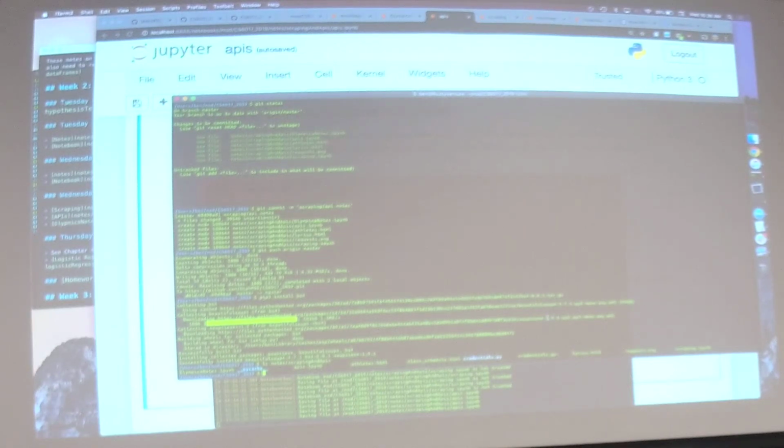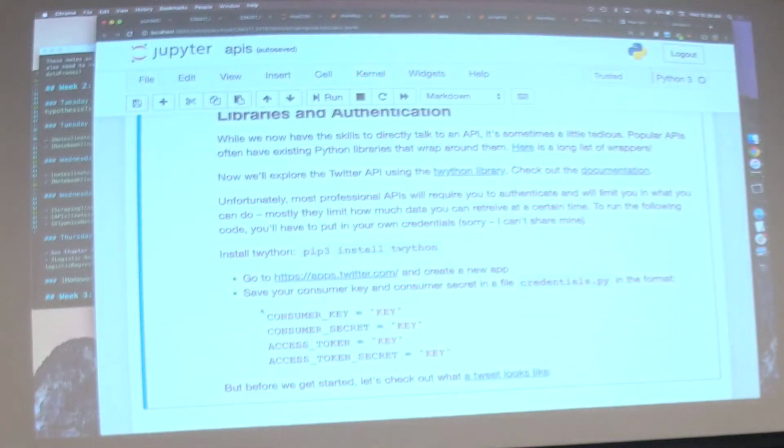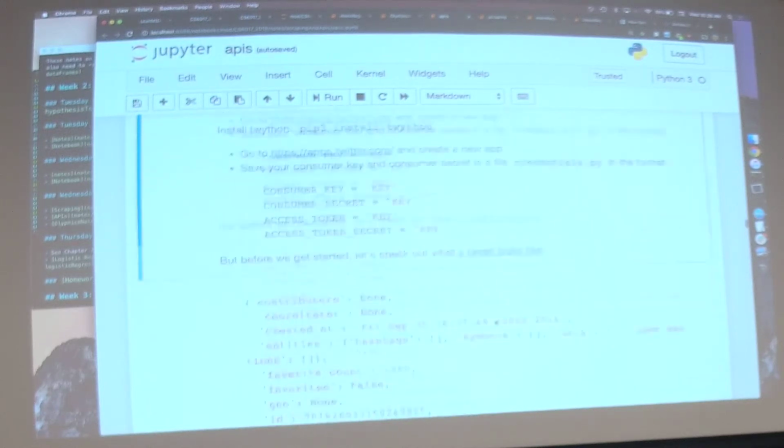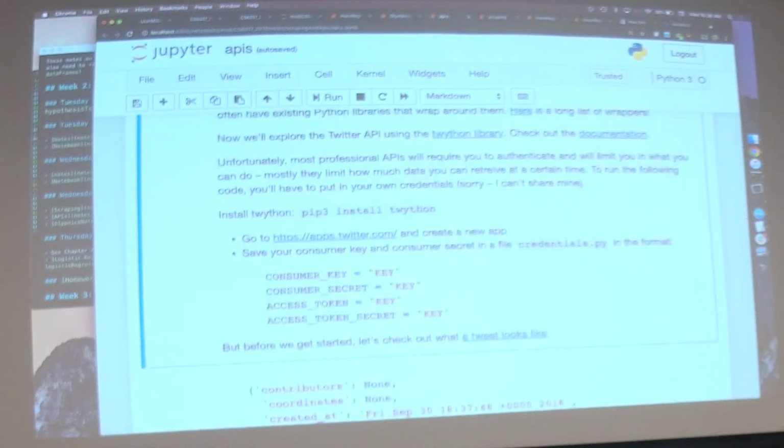I have not included it, so you'll need to make your own credentials.py file if you want to follow along. And so basically, you have these secrets and tokens and stuff. This one has a Python library that will do the formatting of your request for you.